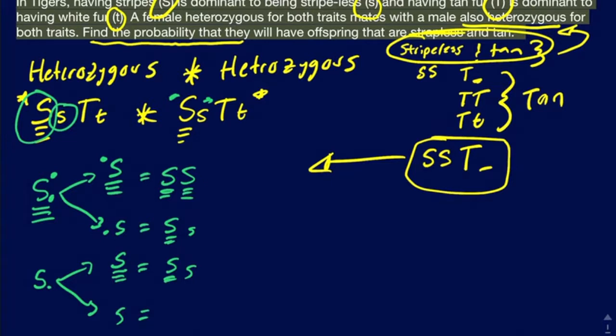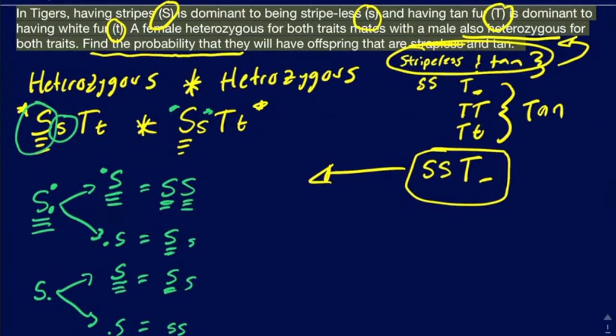And for this one, it's small s times small s, so this is the homozygous recessive one. And as it turns out, what we're looking for is the homozygous recessive phenotype of the S gene. In order to be stripeless, you need to have two small s's. And out of these four offspring, the only one to have two small s alleles is this one. So there's a 1 out of 4 chance that in this generation, the offspring will be stripeless.